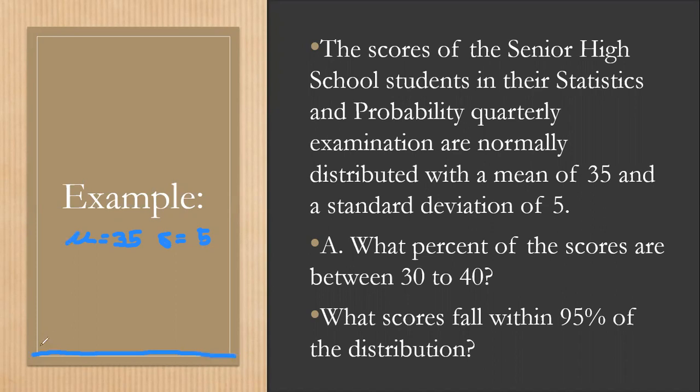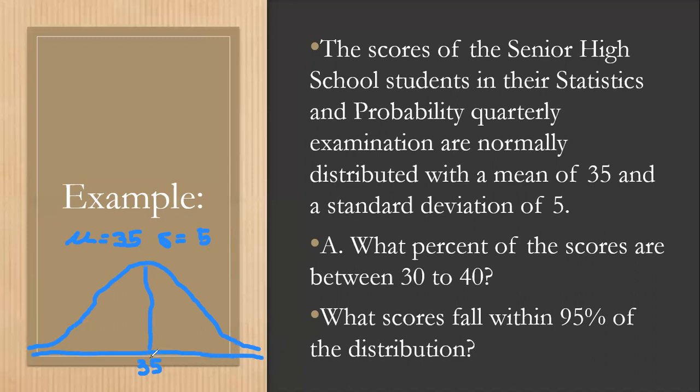I'm trying my best to make it really a normal probability distribution. So how are you going to plot your mean and standard deviation? Again, at the middle, it's the 35, the mean. And since the standard deviation given is 5, meaning the distance of each score from the mean is 5.